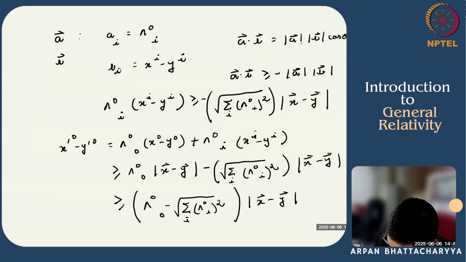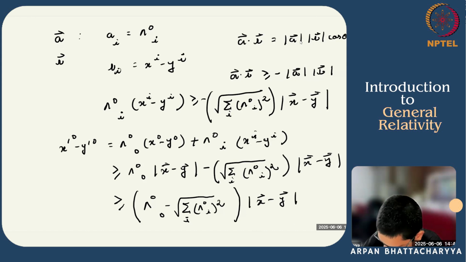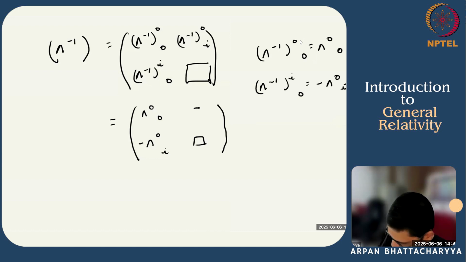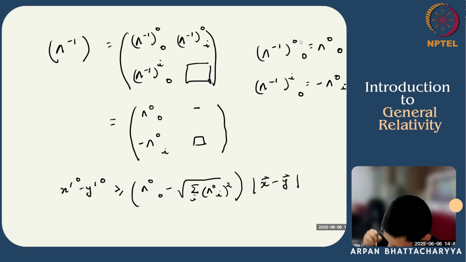Now recall that we have this inequality. Okay, let's rewrite it again. X prime naught minus y prime naught greater than or equal to 0 minus, now we can replace these by the elements of lambda inverse, and these are also the sum of squares of elements of lambda inverse.